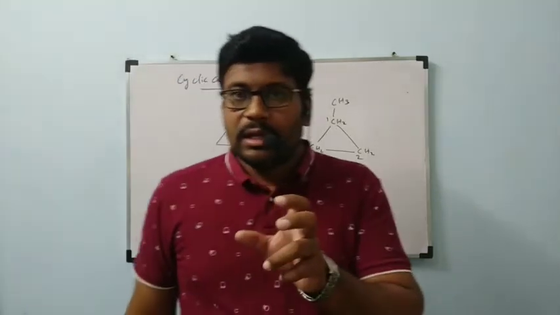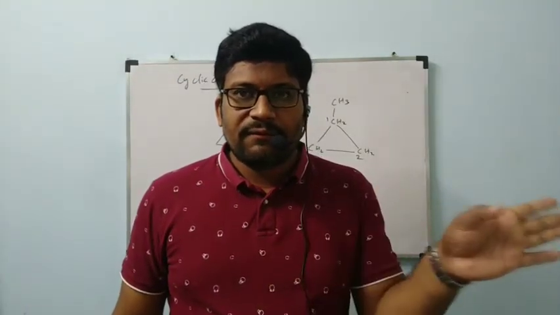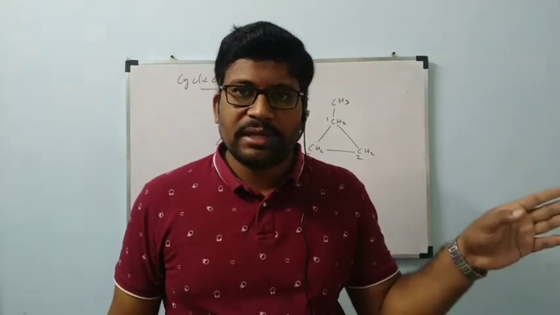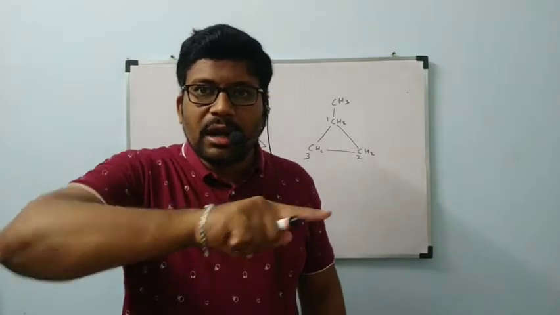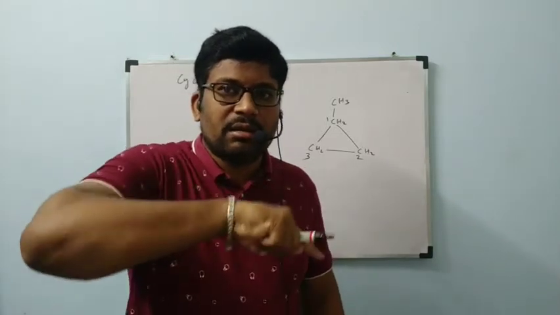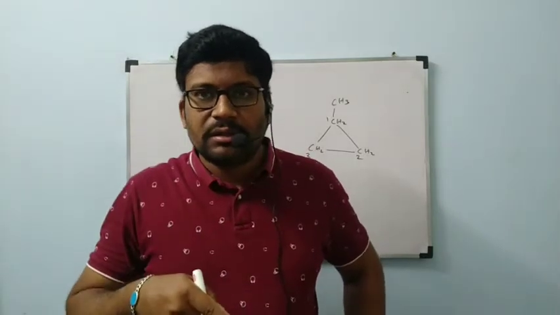Here in a normal chain, we start numbering left to right or right to left. But here we will give numbering in clockwise or anti-clockwise direction. Clockwise is how a clock rotates, like this.